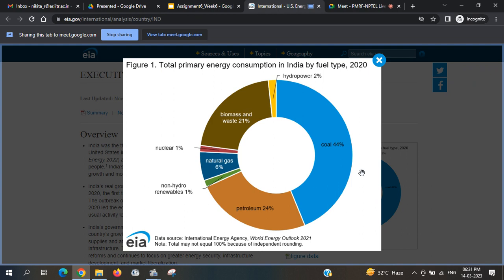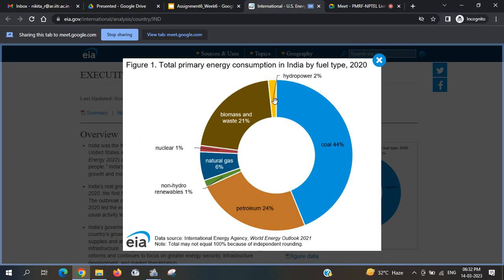For example, you can see this is total primary energy consumption in India, given by the type of fuel being consumed. You can see even now almost 44% of energy consumption comes from coal, followed by petroleum, then biomass and waste.